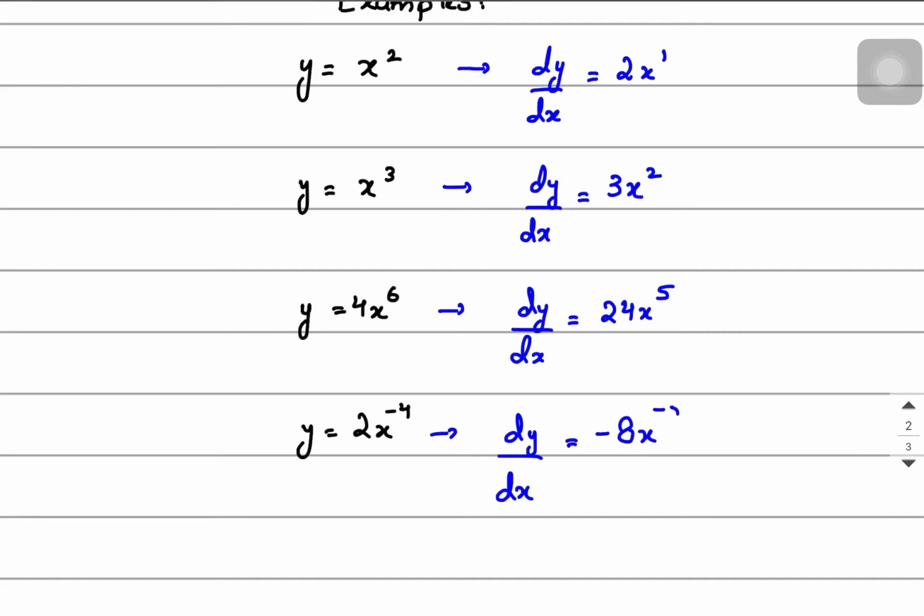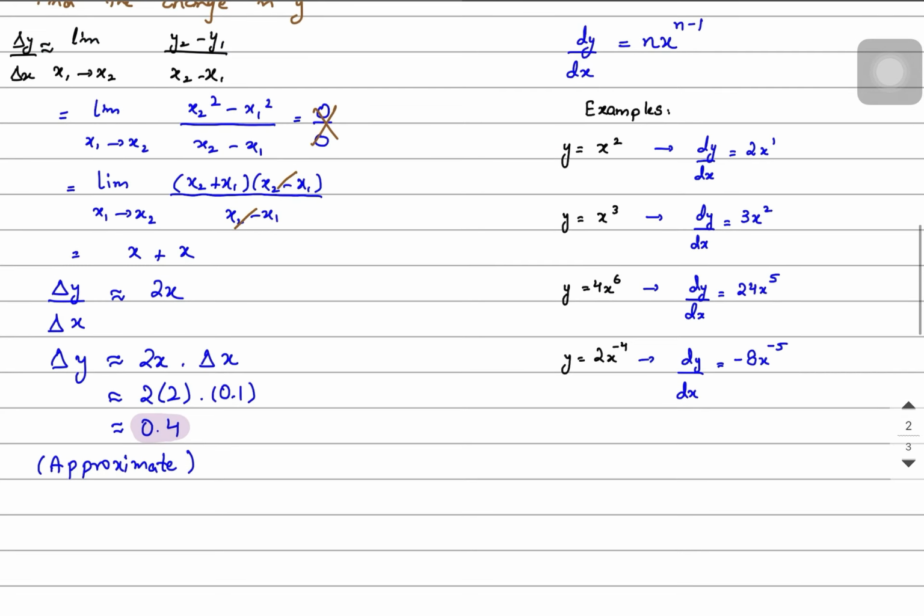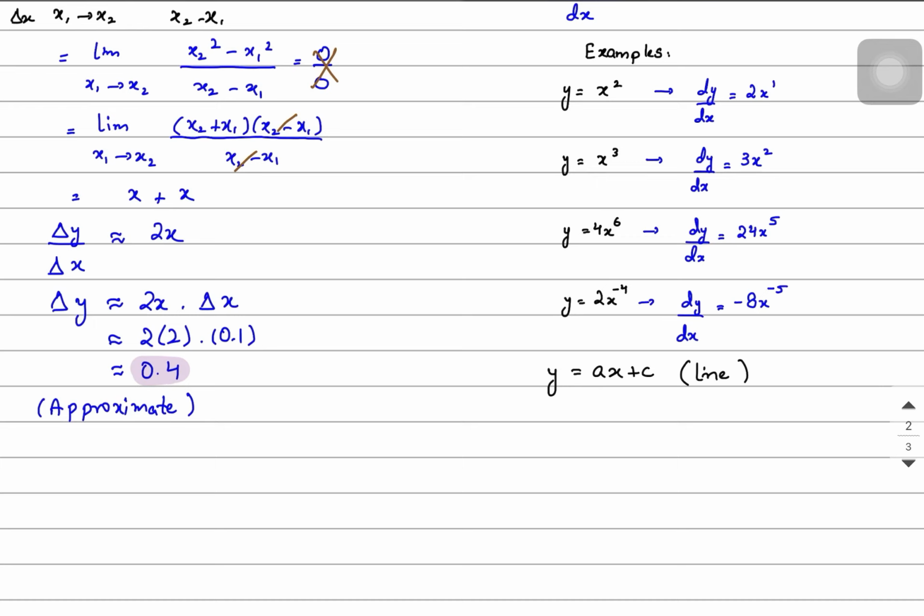Now moving towards the case where y is in the form of a times x. What if y is equal to ax? y equals ax plus c is basically a line, and we can clearly see that the gradient is a.